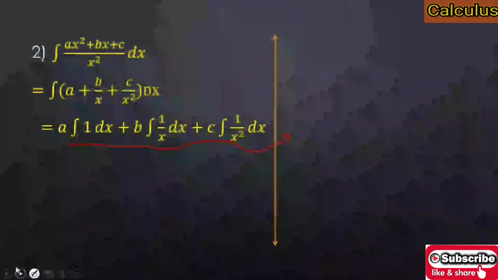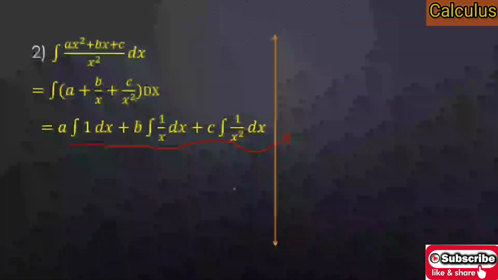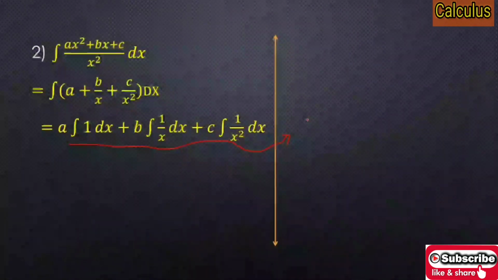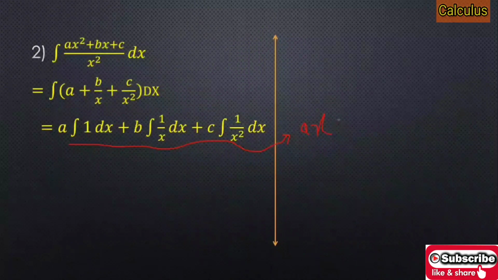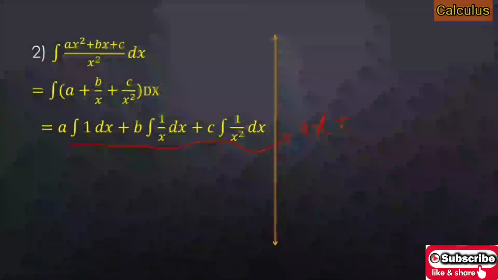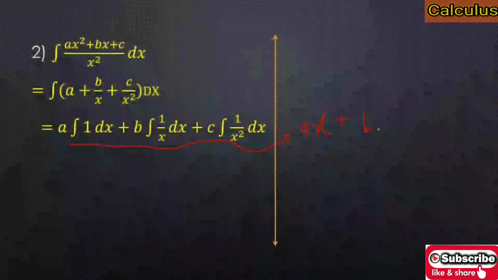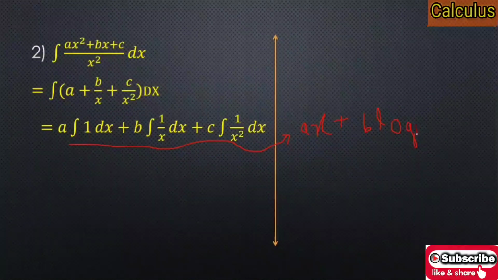Now you can apply the formula and get the answer: a times integration of 1 dx is x, plus b as it is times integration of 1 by x, which is equal to log x.